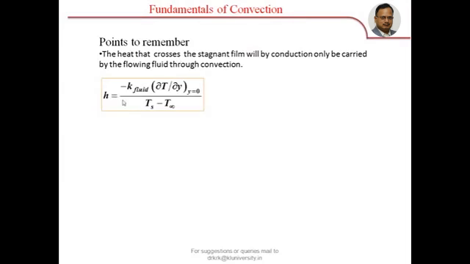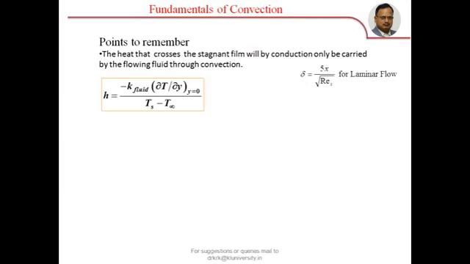By equating that conduction heat transfer to the convective heat transfer, you get the convective heat transfer formula h equals minus k dou T by dou y at y equal to 0, divided by Ts minus T infinity. Since h involves the temperature gradient at y equal to 0, we have to identify how the temperature varies within the boundary layer, which also depends on the velocity distribution, that is, the velocity boundary layer. So boundary layer analysis is important for understanding the convective heat transfer coefficient.